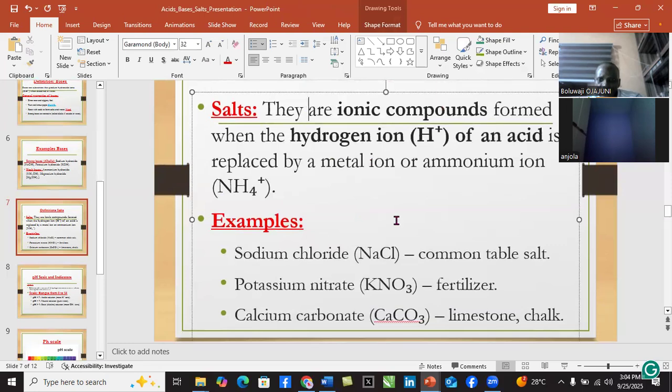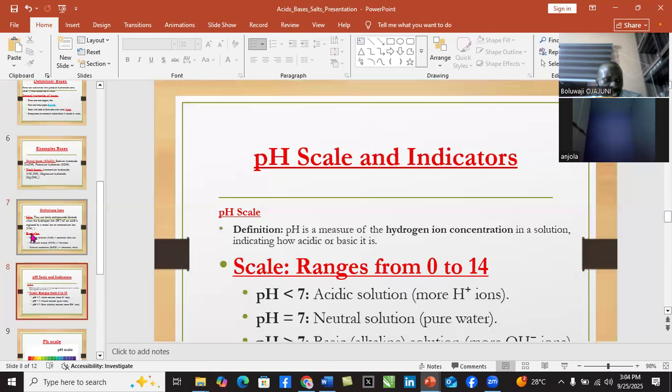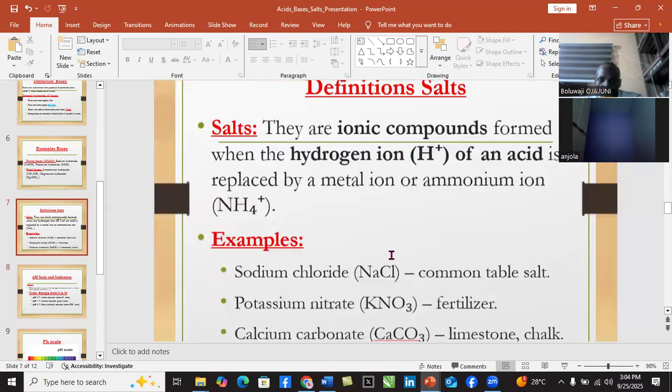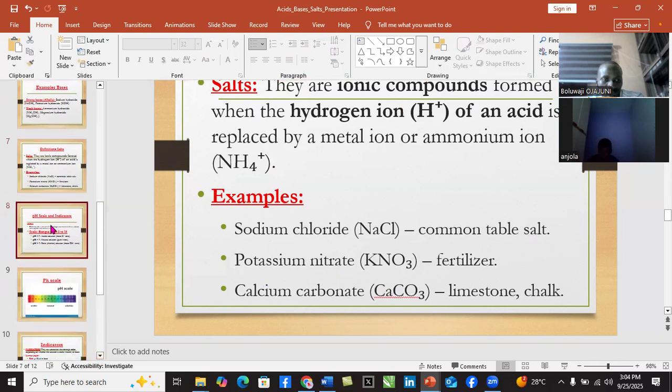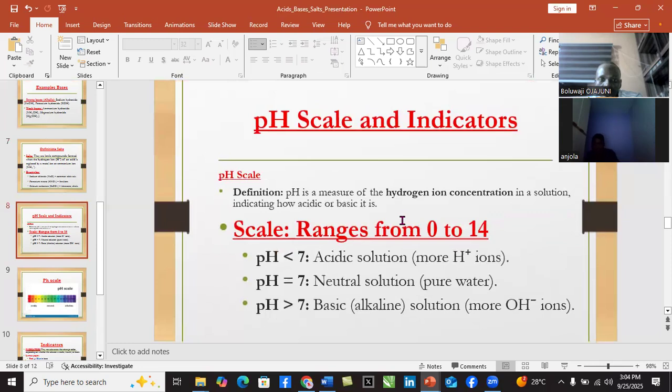We have different examples here. Sodium chloride, table salt, that's the salt we eat at home. And the next one is potassium nitrate. I believe you can hear me clearly. Yes, sir. And we have calcium carbonate.